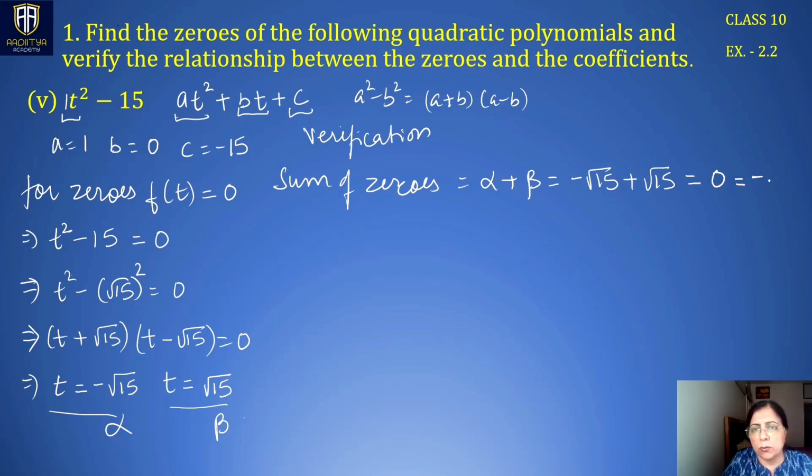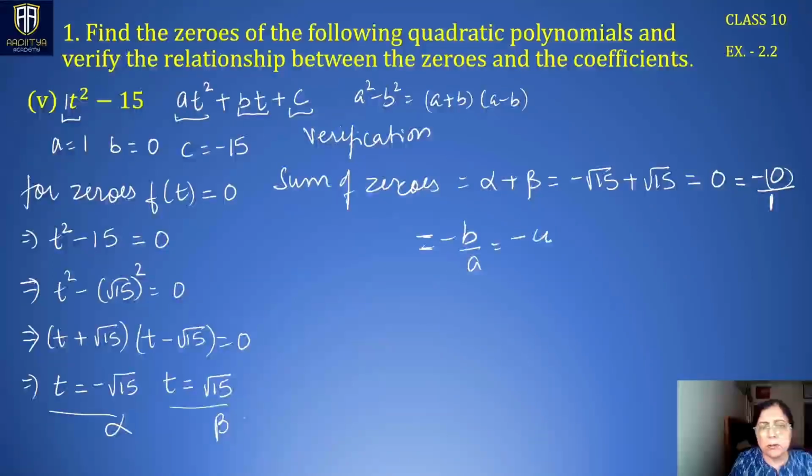That means b is 0. So we can write this as negative of 0 over a, where a is 1, the coefficient of t square. So negative of 0 over 1 is 0 itself. So 0 can be written as minus b by a, which is equal to minus coefficient of t over coefficient of t square. Right?